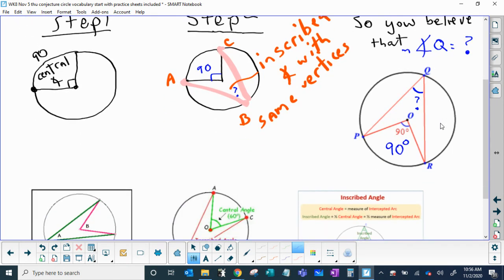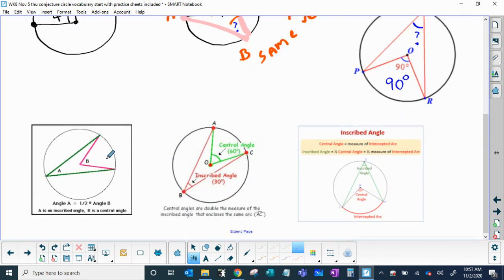What is the relationship between a central angle and an inscribed angle?